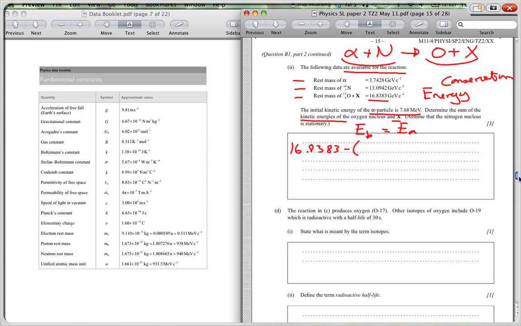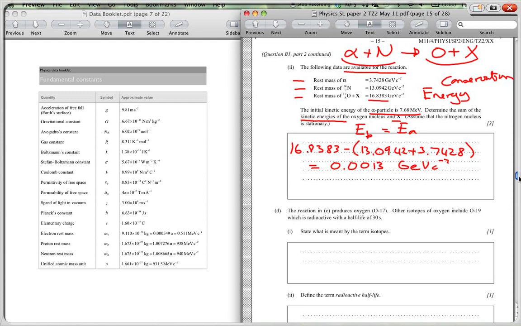If I subtract the mass of that, which is 13.0942 plus 3.7428, if I subtract those two, they're all in giga eV, I get 0.0013 giga eV c to the minus 2. So that's the mass.